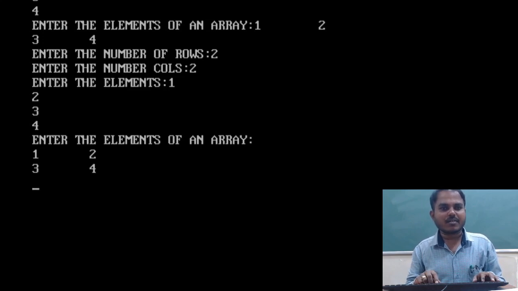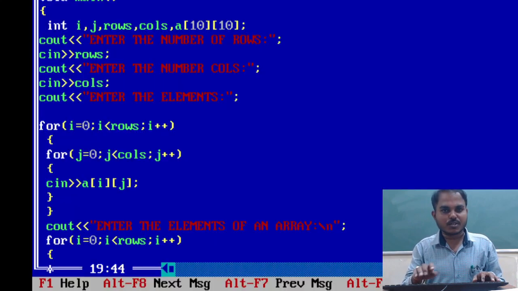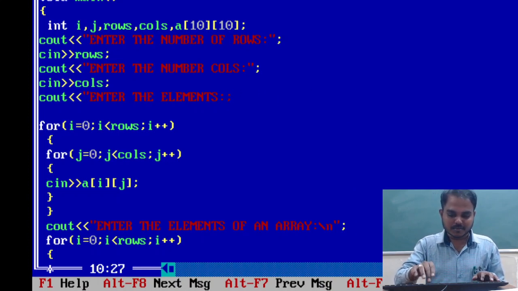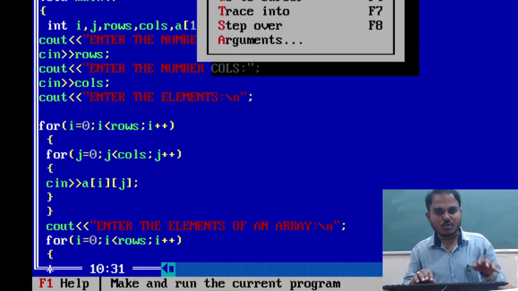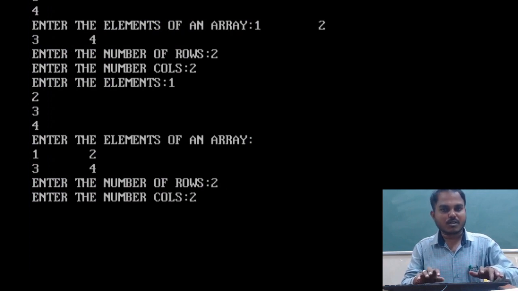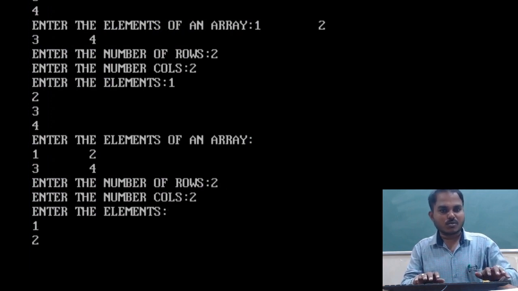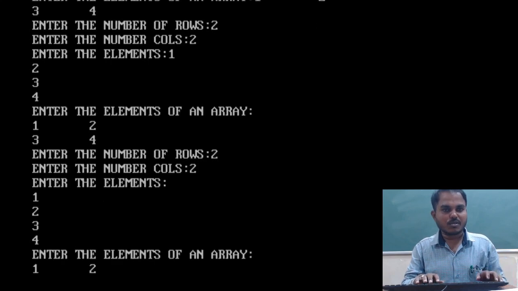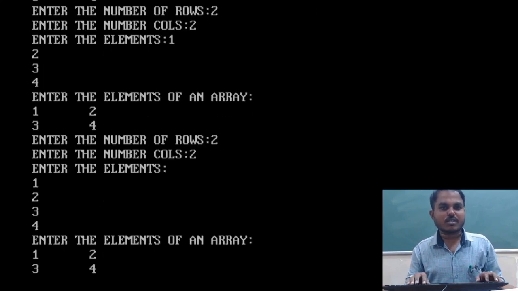So for enter the elements also we should go to a new line so that it looks systematic, with \n. Right. Once again you go to run. Okay, number of rows, number of columns. So 3, 4. Okay, 3, 4 it is getting.